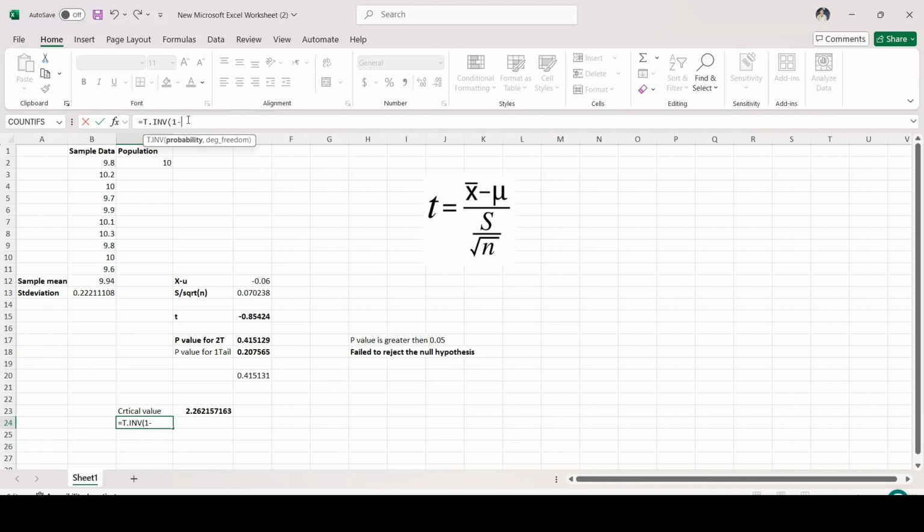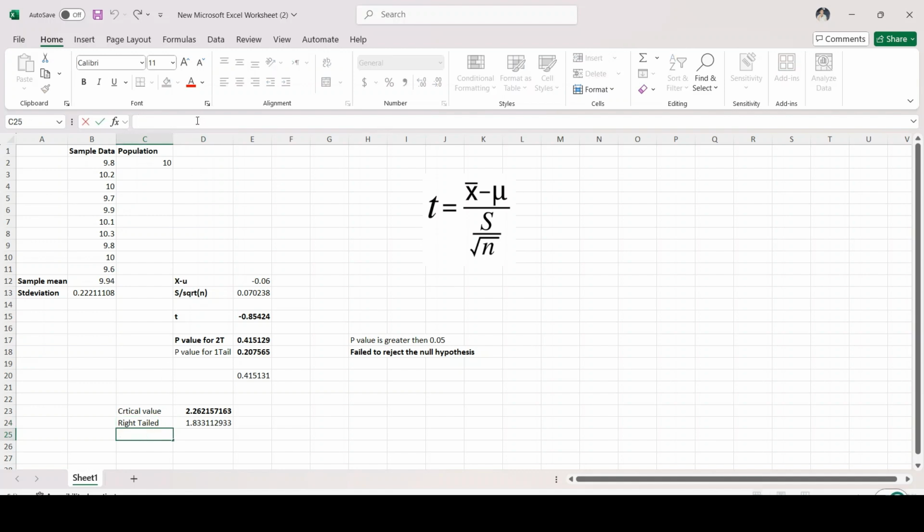So for that, you take the total area minus this value, and then the degree of freedom. This is for the right tail, so this is for the right critical value toward the right tail.